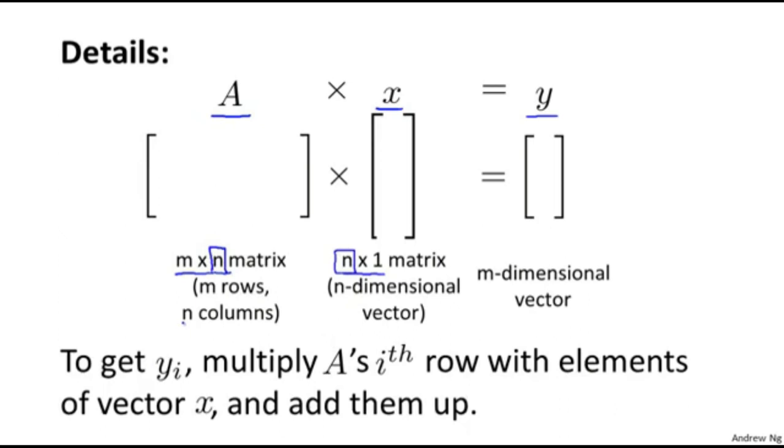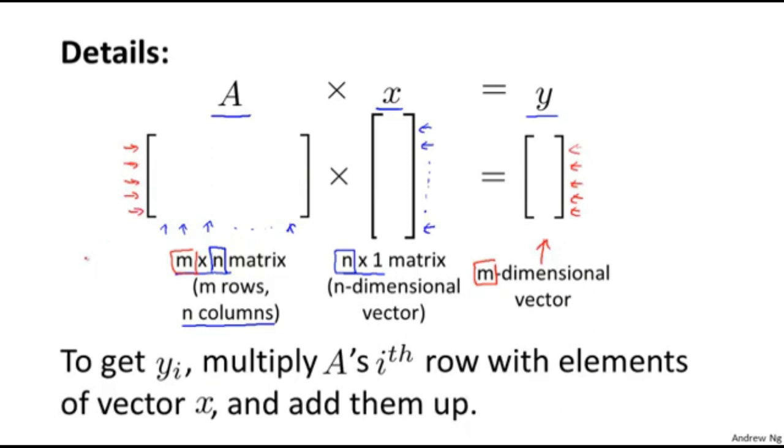In other words, the number of columns in this matrix, n columns, has to match the number of rows here, or it has to match the dimension of this vector. And the result of this product is going to be an m-dimensional vector y. So in other words, the number of rows in y, m, is going to be equal to the number of rows in this matrix A.